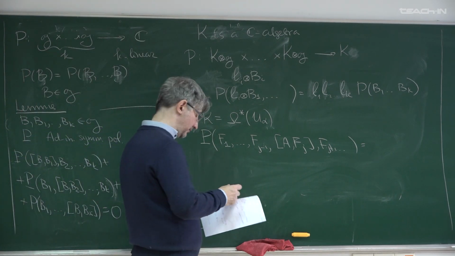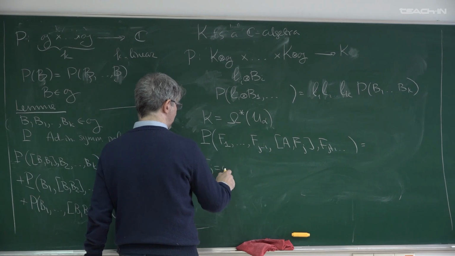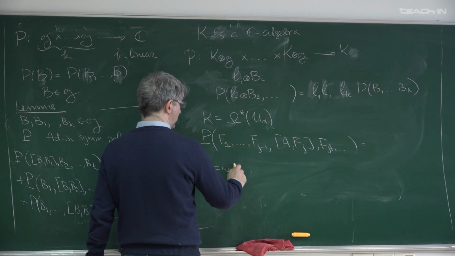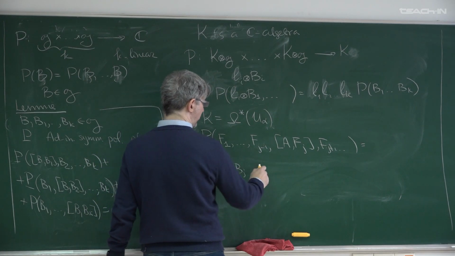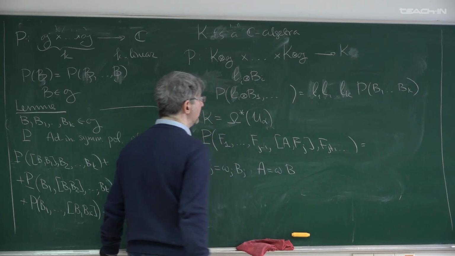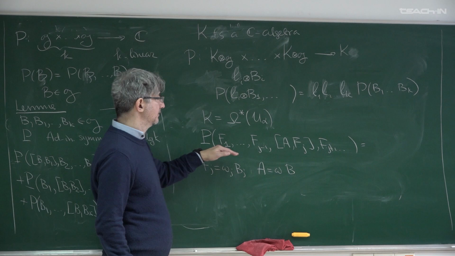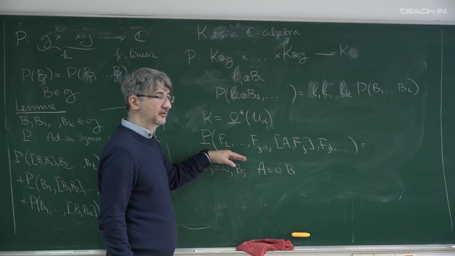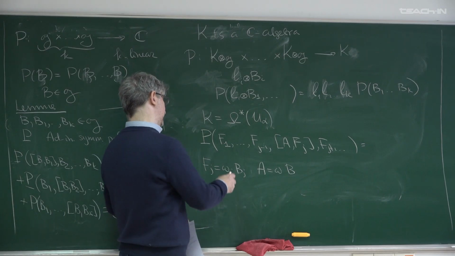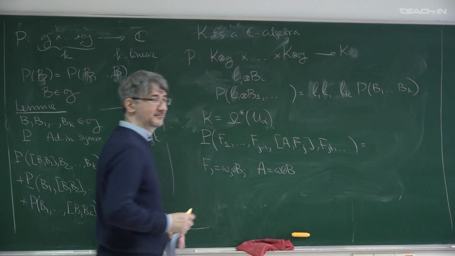And assume that fj is omega j bj, and also a is omega b. What I want to understand, how to calculate this thing. Well, you omit the tensor product sign. Okay. Corrected.